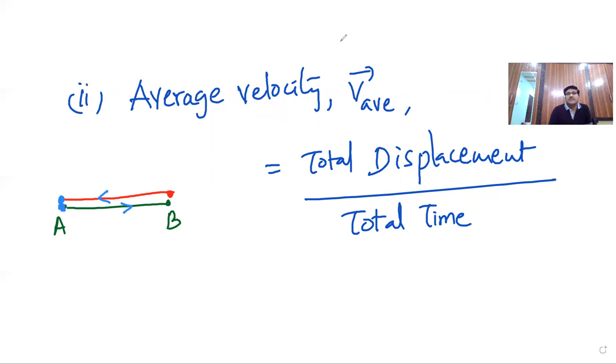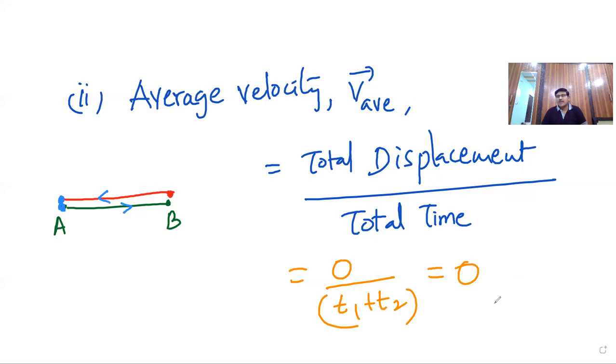So displacement is what? Displacement is nothing but 0. Total time is T1 plus T2, but there is no need of time calculation. 0 by something is 0. So average velocity is 0. Since displacement is 0, A to B, again B to A, the initial and final points are coinciding, A only. Displacement is 0.